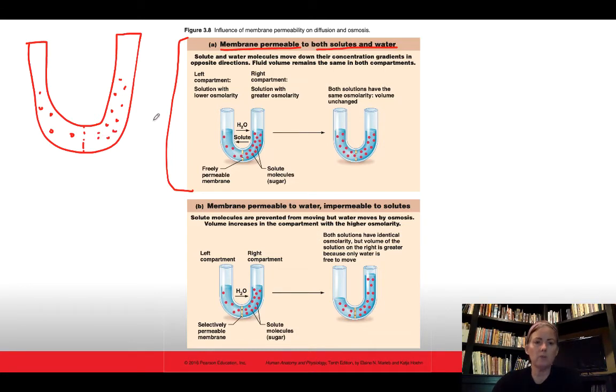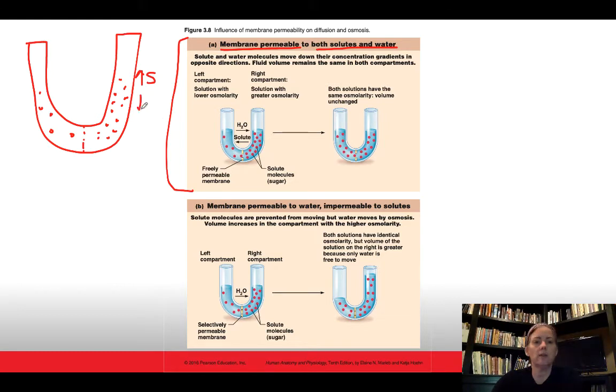And I'll just walk through this step by step because this tends to trip a lot of students up. So on the right side, we have increased solutes, and I'm just going to use S just to save the time from having to write it out. And we know that every molecule of solute is going to kick out a molecule of water.